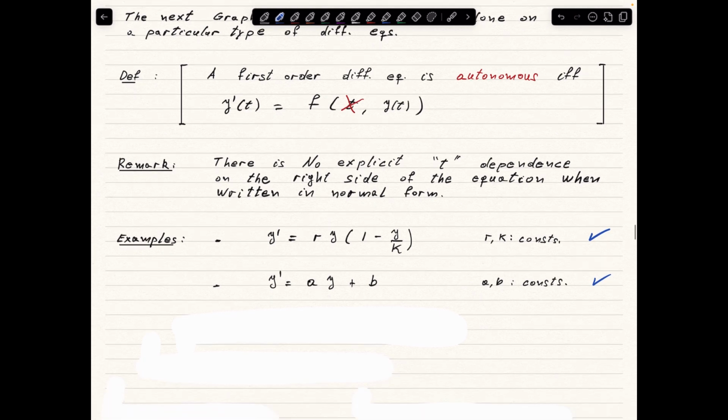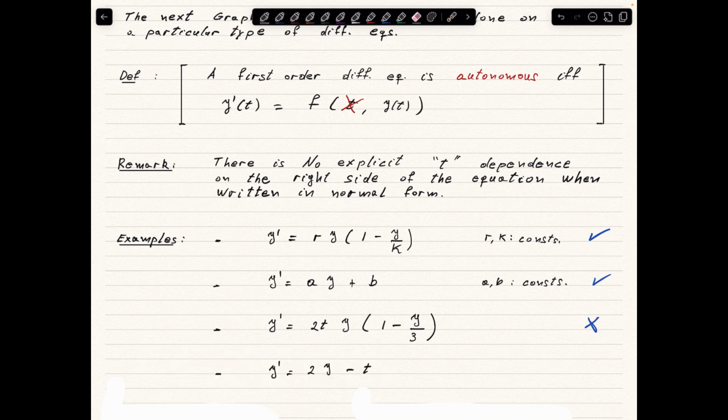What is not an autonomous equation? Well, for example, the logistic equation in the case that the coefficient actually depends on time. If the growth rate is a function that depends on time, for example, increases as time goes on, then this equation is not autonomous anymore.